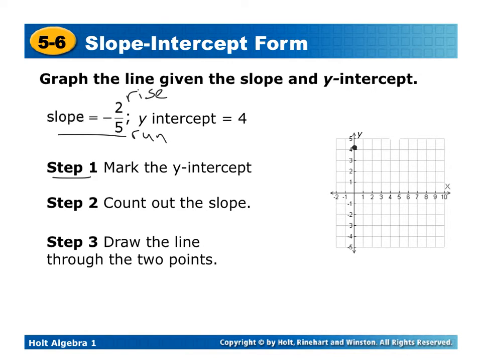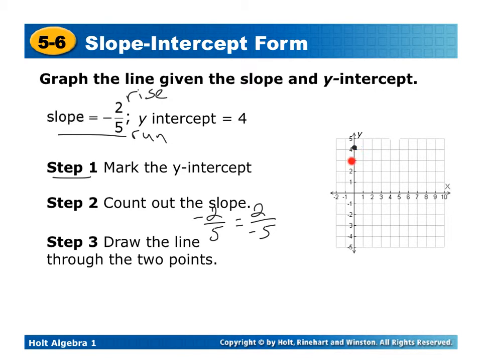Now, I want you to be aware that there are different ways we can read this. We can read it as -2 over +5, or we can read it as +2 over -5, as long as we're only using the negative on one of the numbers. A common mistake I see is that people put it on both. So here, I'm going to count this out. I'm going to do my rise first.